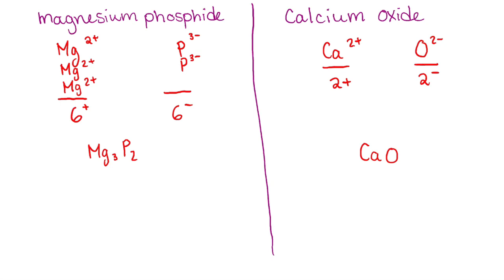If you wanted to do the crisscross method for either of these, and again, I do not recommend doing the crisscross method unless you understand the balanced charges. So for magnesium, you take the charge from the upper position and cross it to below, like this.